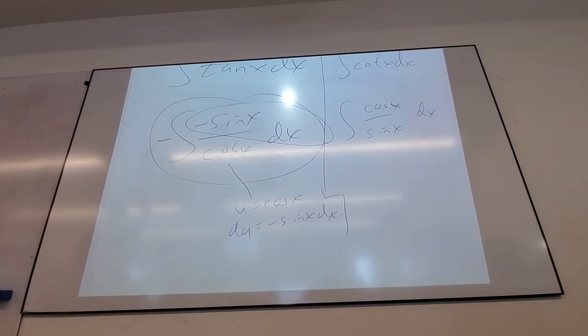So if secant is secant x tangent x, cosecant is negative cosecant x cotangent x. Those are analogous, which makes them much easier to memorize. What's the derivative of tangent? Secant squared. What's the derivative of cotangent? Negative cosecant squared. It's a beautiful symmetry.